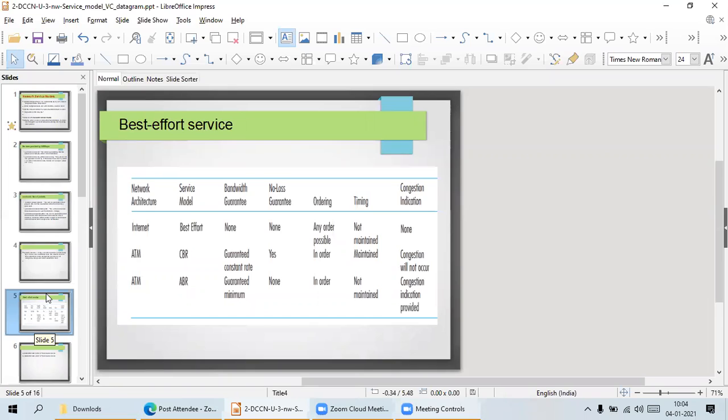Next, asynchronous transfer mode, CBR, constant bitrate, ATM constant bitrate. In that, a guaranteed constant rate, a bandwidth guarantee, is there. That means if the cable is 1 mbps or 2 mbps, only at that rate are we going to forward and receive the information.